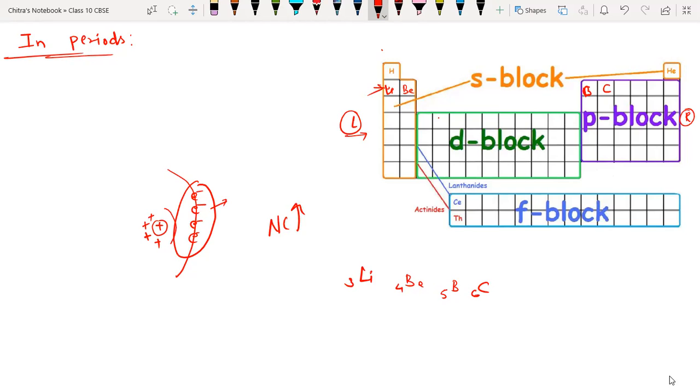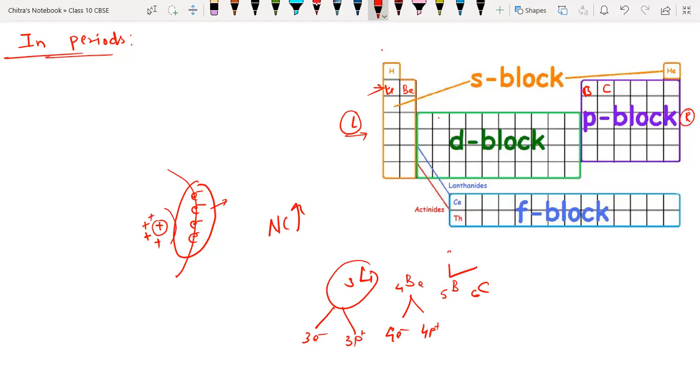Sir, where does the nucleus get the extra protons from? Because we already know that all atoms contain an equal number of electrons and protons. Suppose we are discussing lithium: lithium has 3 electrons and 3 protons. Beryllium has atomic number 4, that means 4 electrons and 4 protons.